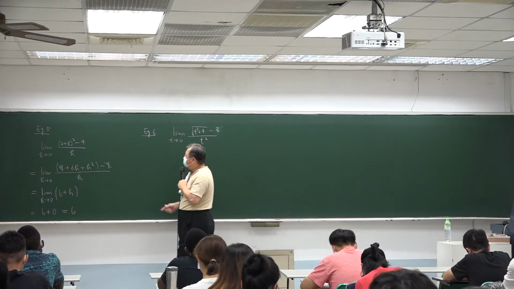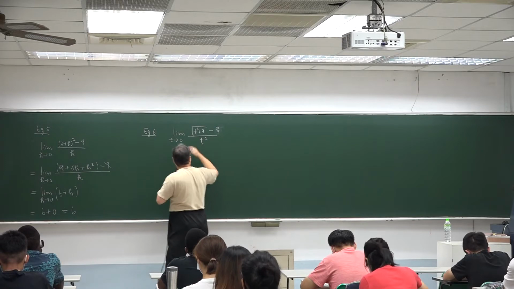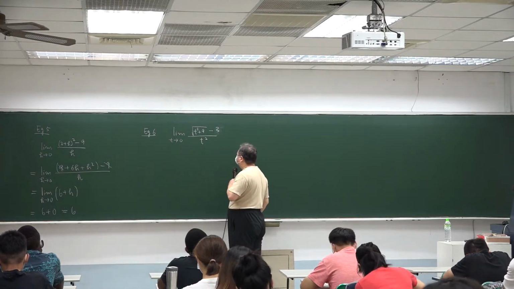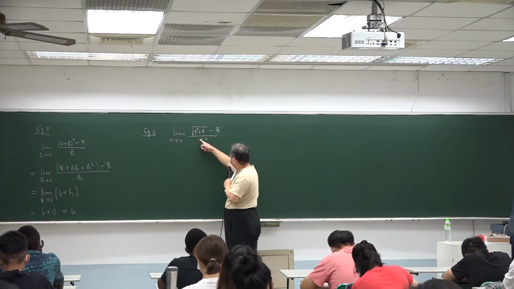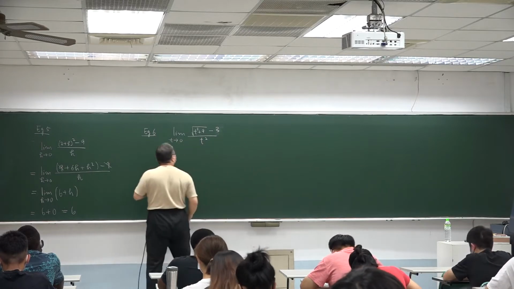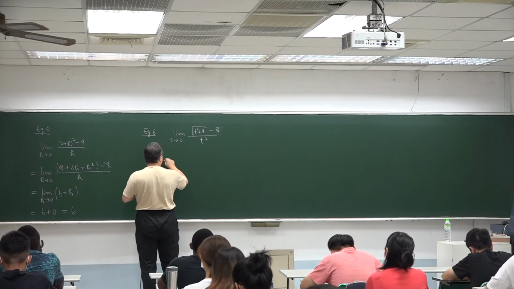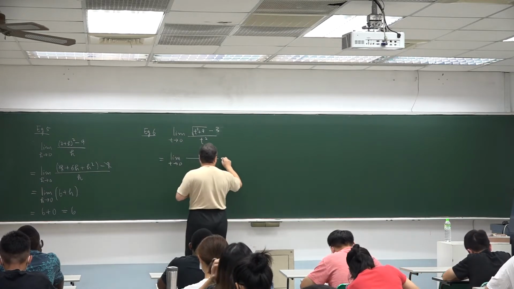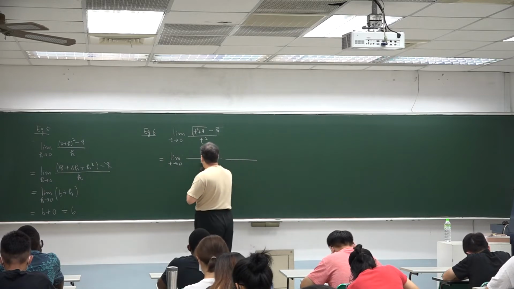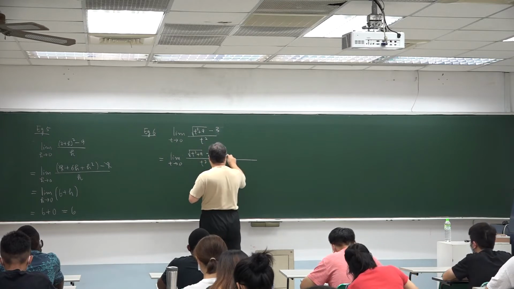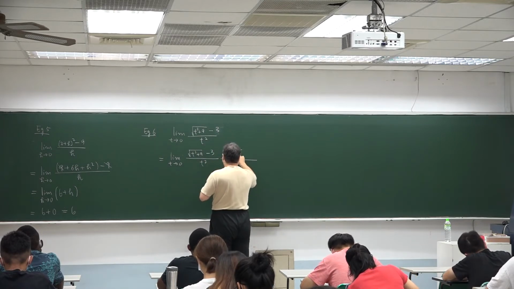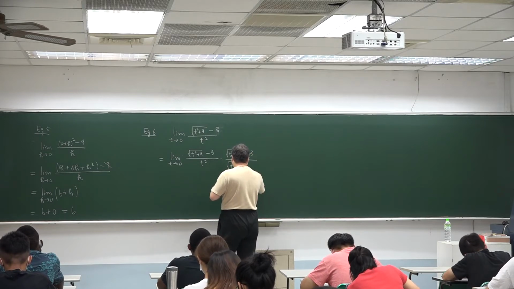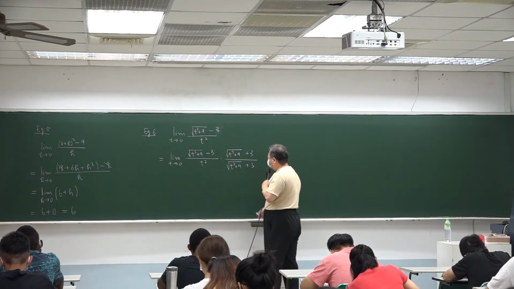Well, this is a square, and here is a square root. Anyway, in order to cancel t squared, we multiply this one.